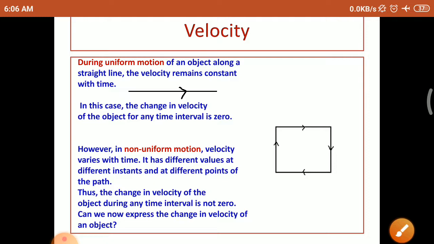Do you understand the difference between uniform velocity and non-uniform velocity? When the object covers equal displacement, then the velocity is constant. When the object covers different displacement at different instants of time, then the velocity is said to be non-uniform velocity.